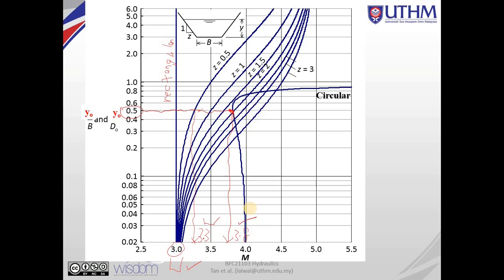Some of you might ask, what if our shape is triangular? For triangular shape, not to worry, because we don't need this design chart. The values are taken by default as 5 in all cases, regardless of side slope, as shown in this table.